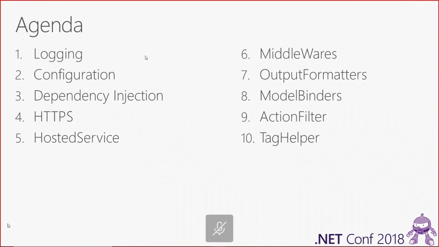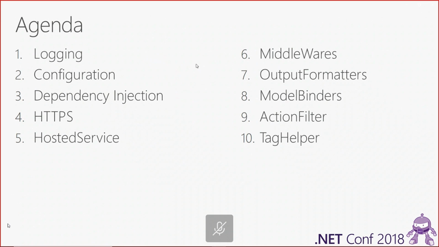Then we go through configuration, dependency injection, HTTPS, and hosted services. What I really like about hosted services is that they do something in the background. Then we go through middleware, output formatters, model binder, and action filters. As you can see, we're going from the C# backend up to the view.